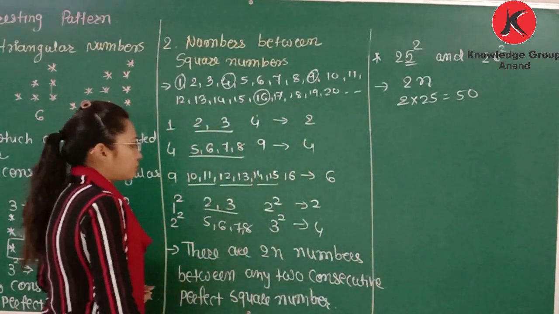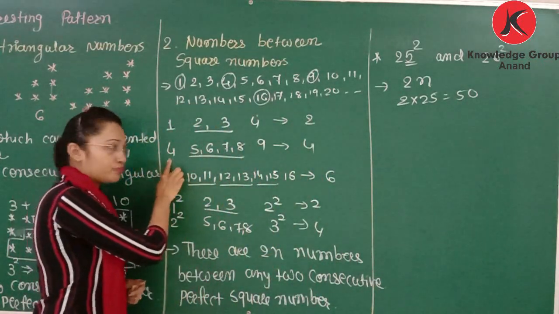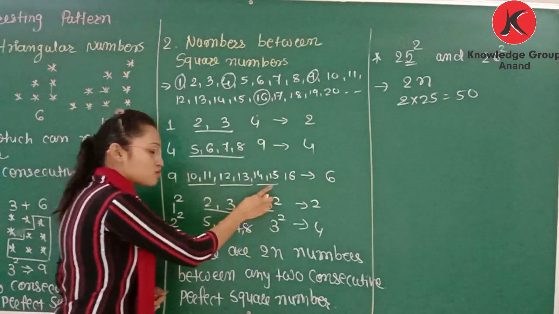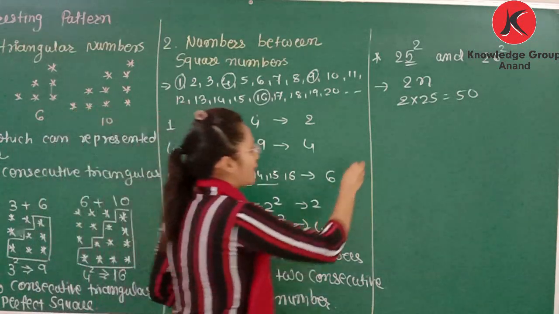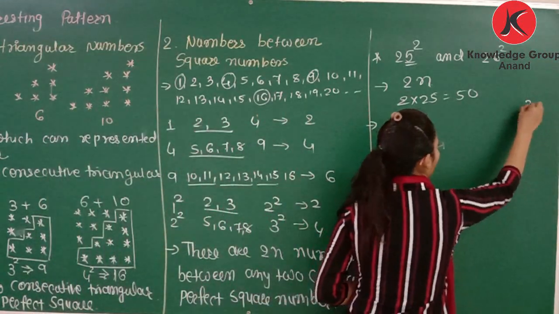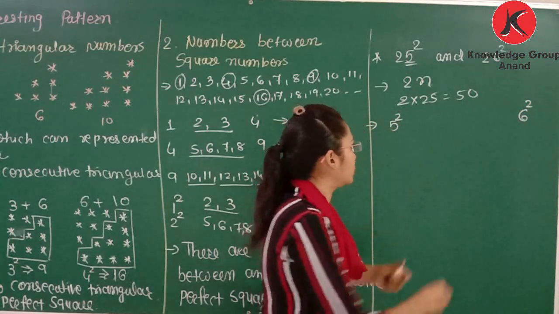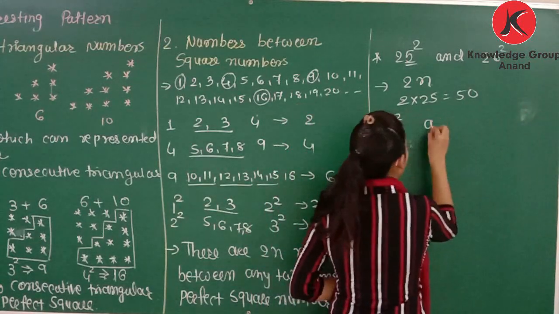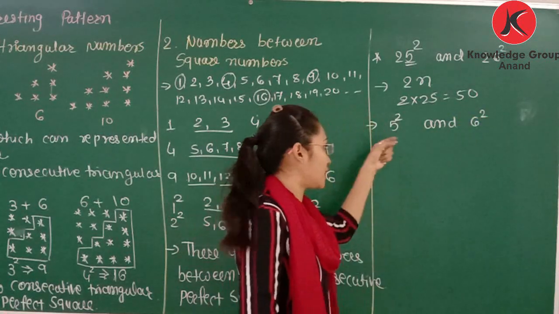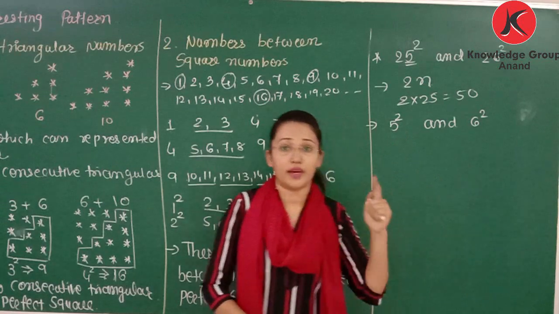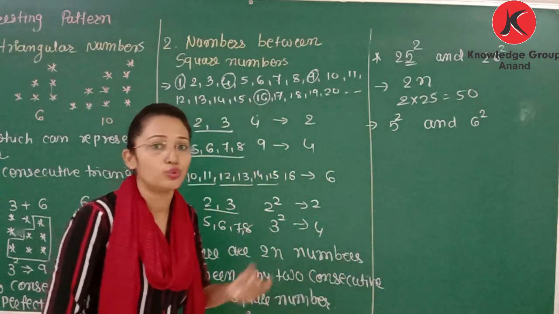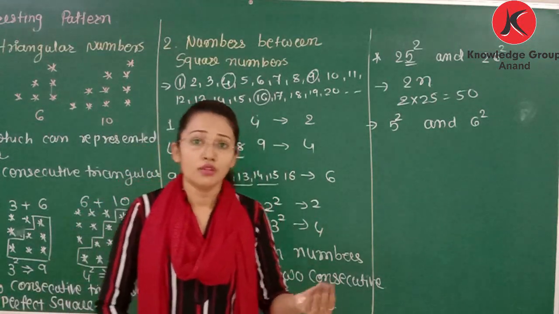In the previous one, this is 2 square. So 2 multiplied by 2 is 4. 3 square, 2 times 3 is 6, so 6 numbers. If you write for the next, 5 square and 6 square, if you write all numbers between 5 square and 6 square, after 5 square, that is 25, comes 26, 27, 28, 29, 30, 31, 32, 33, 34, 35, 36.